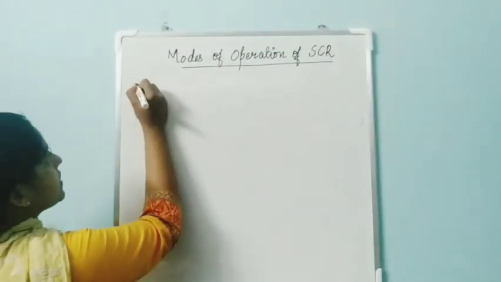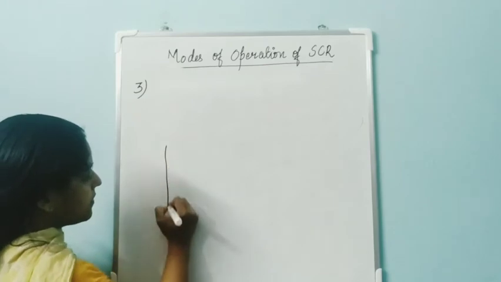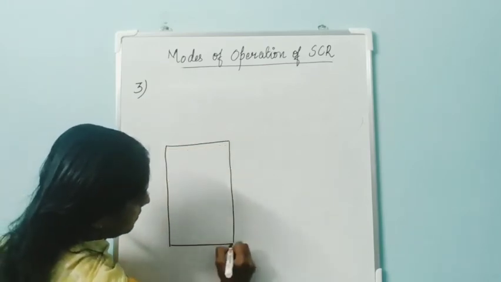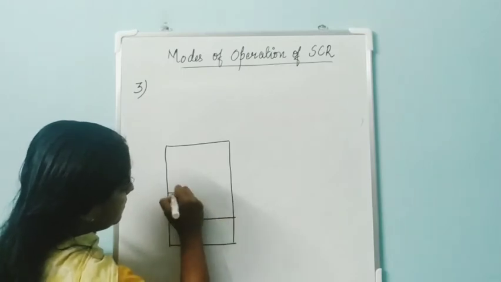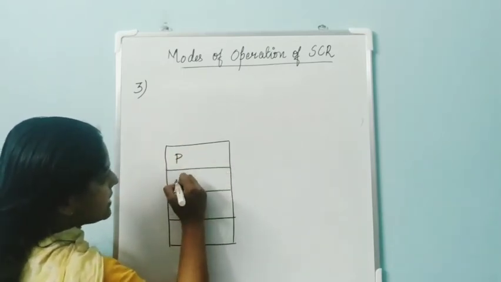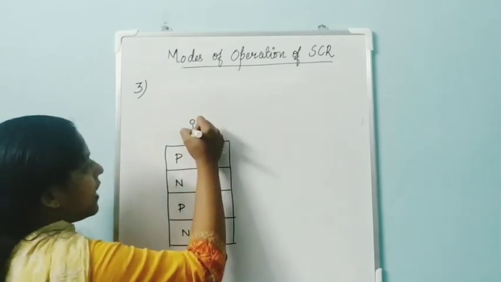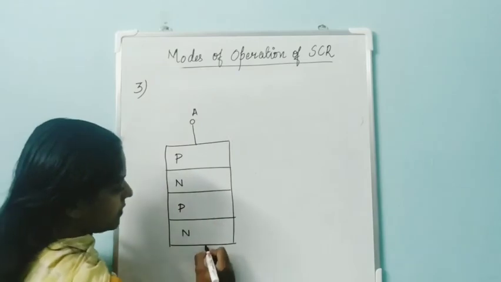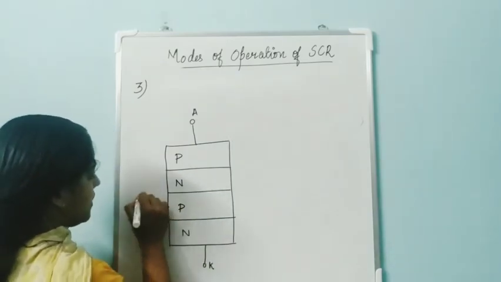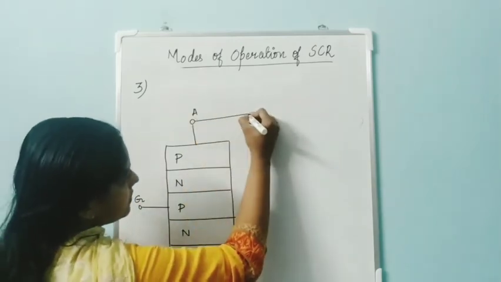We will see the third mode of operation. The four layers P, N, P and N. Anode, cathode, gate. Okay. And I am drawing one connection.